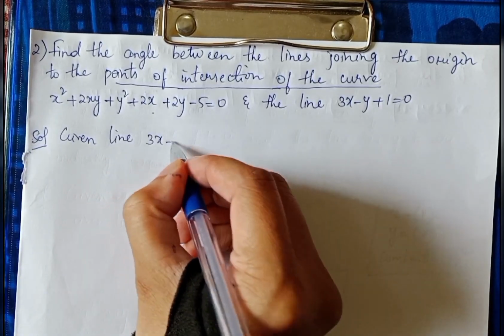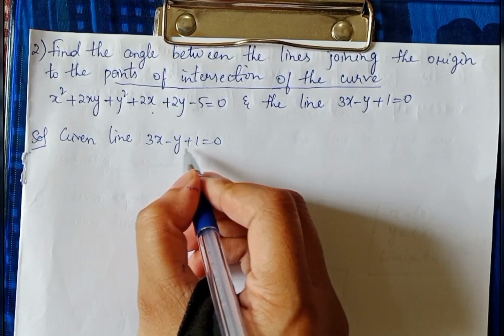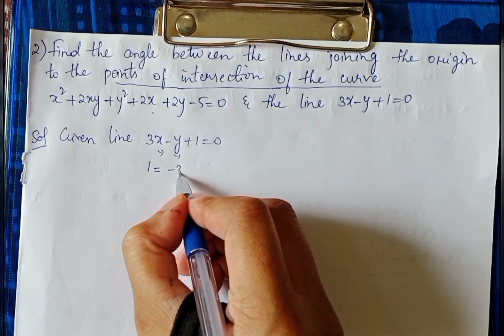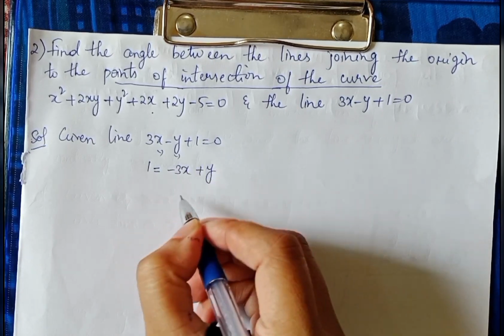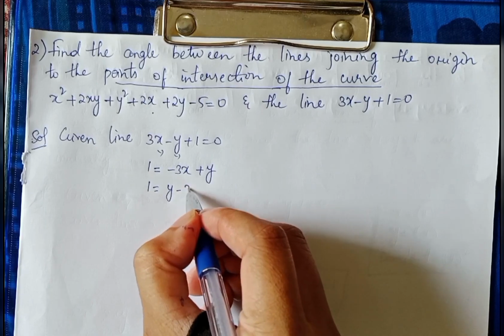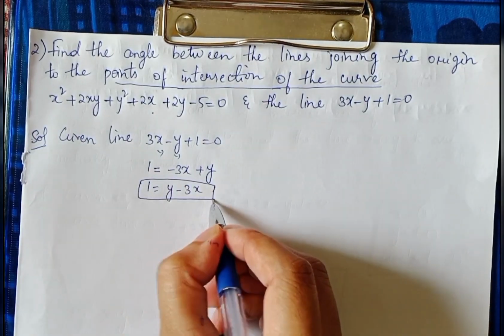is 3x minus y plus 1 equals 0. Getting the value of 1 from here, transposing these two terms to that side, 1 is equal to minus 3x plus y. Writing the positive term first, it is y minus 3x. This is a very important value for our problem.